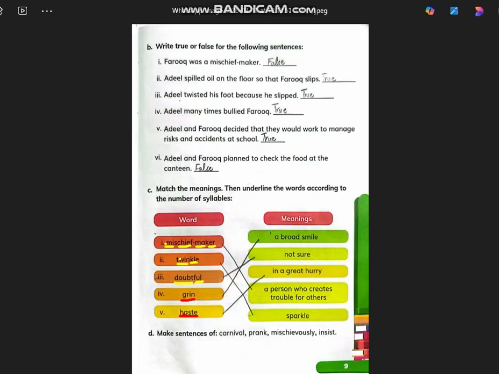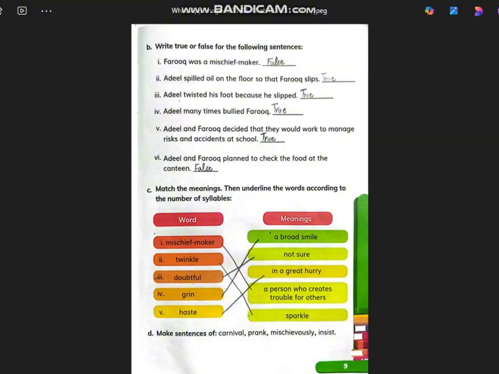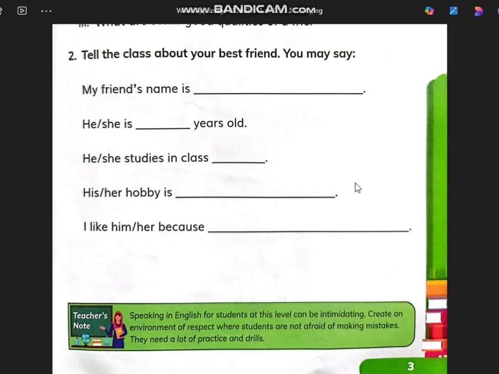Okay, students, that was all for today. Now you have a home task on page number 3. There is a question that tell the class about your best friend.